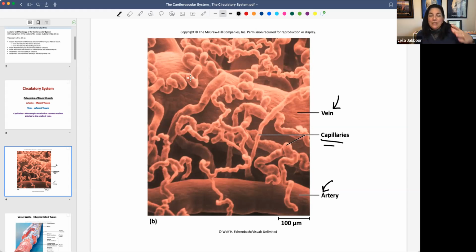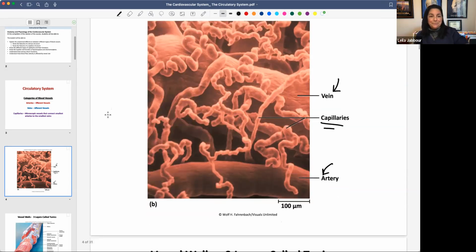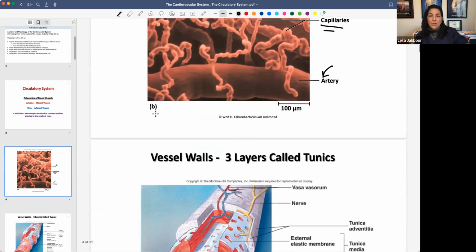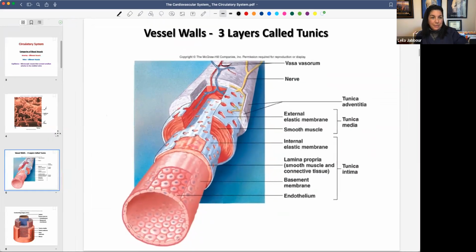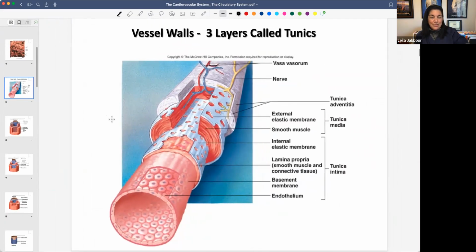So in every tissue, you will have all of that. You will have the arteries coming, the veins leaving, and all of these little capillaries that are the connecting vessels. Let me reduce this in size so you can see the picture even better.